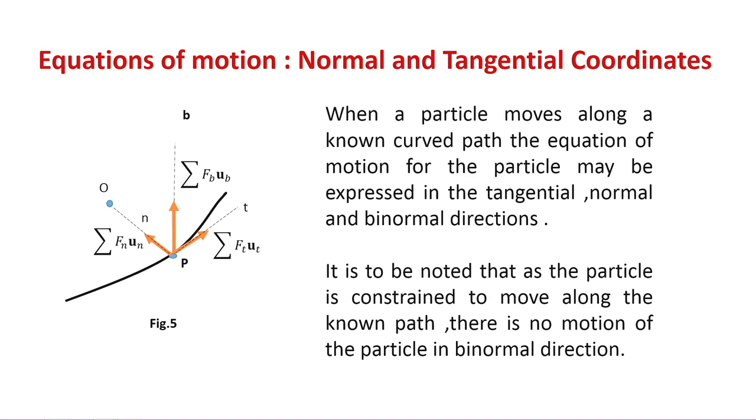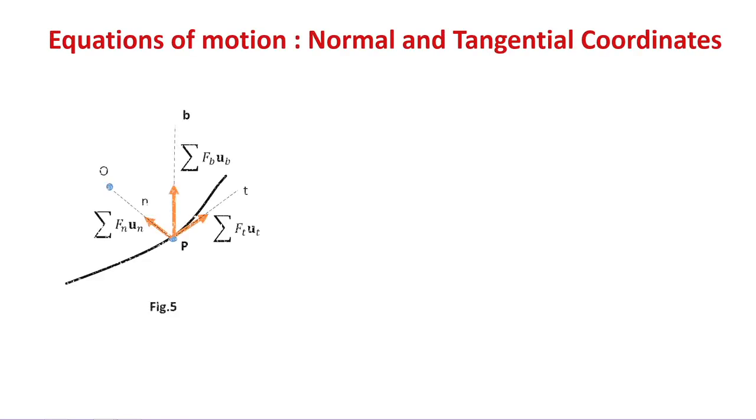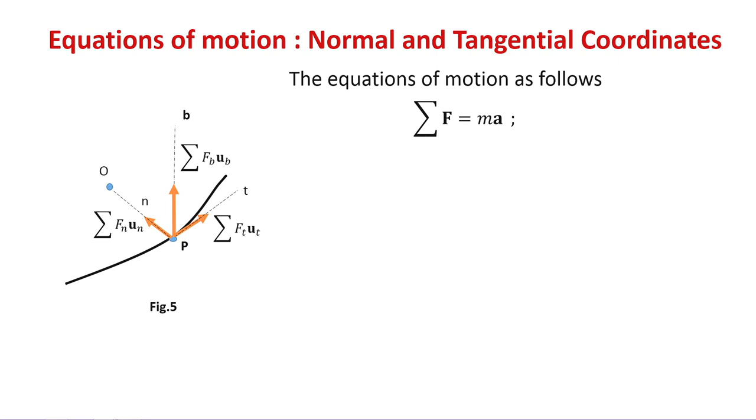So, this is the condition: the equation of motion can be applied on a curvilinear path considering normal and tangential coordinates. Here again, taking the equation of motion, summation of F is equal to mass into acceleration, we can put all the forces in components.